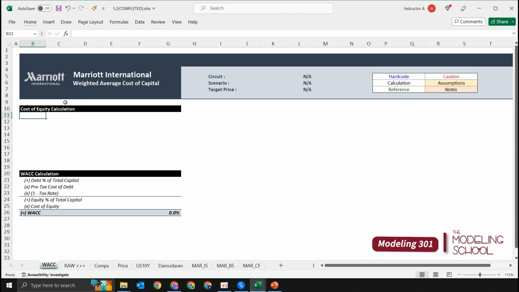And as mentioned in our previous slides, we're going to start from the risk-free rate. We need equity risk premium. And we're going to multiply equity risk premium by the company-specific beta. So let's just write selected beta.